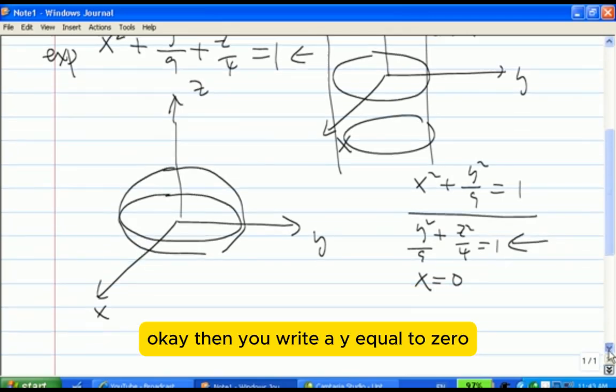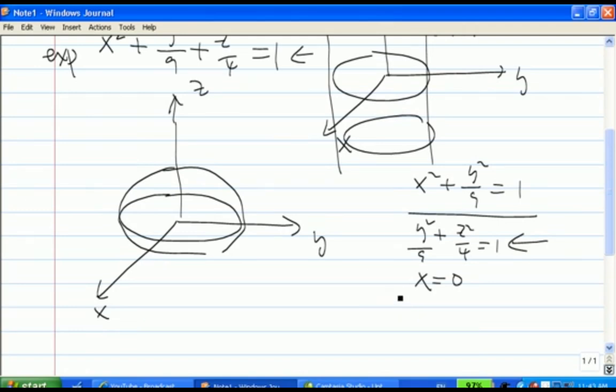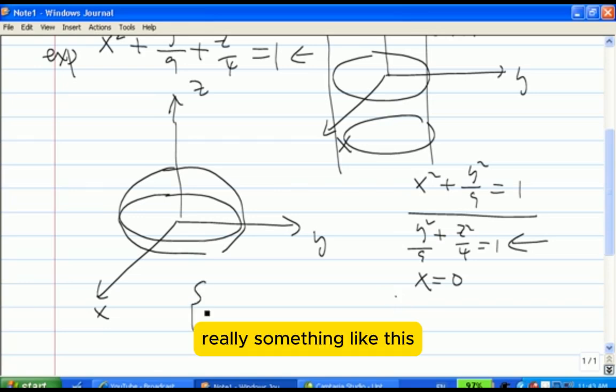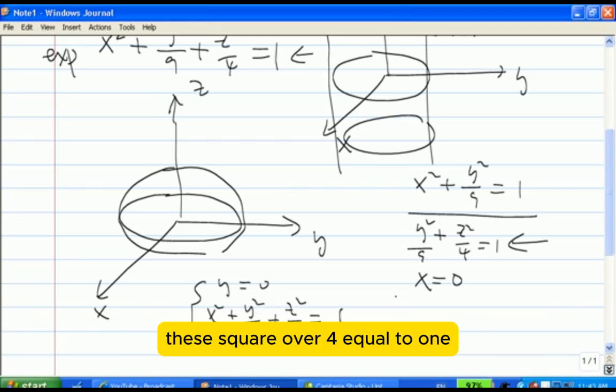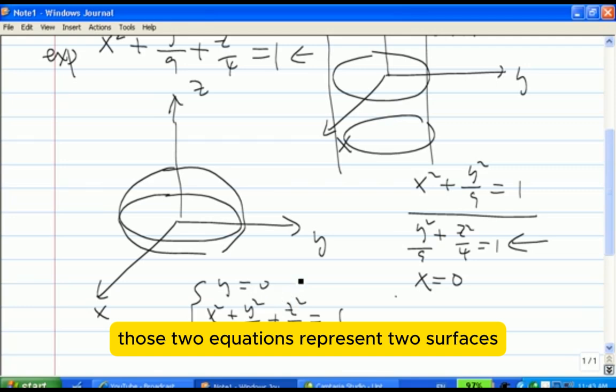Then you let y equal to 0, and at the same time you have x squared plus y squared over 9 plus z squared over 4 equal to 1. These are two equations representing two surfaces.